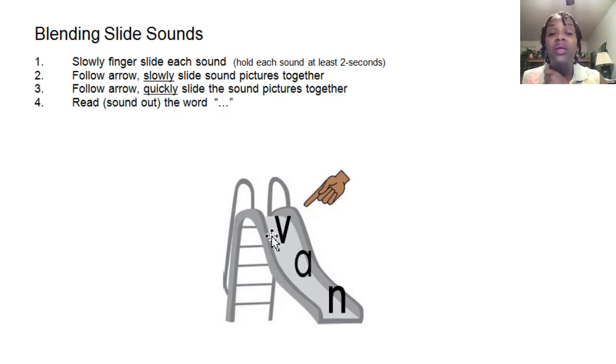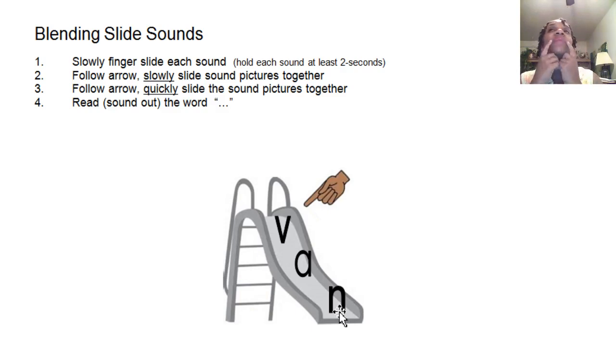We're going to go smooth. Good job. See how smooth that was? All right. Let's do it together. On the count of 3. 1, 2, 3, go. See how smooth that was?